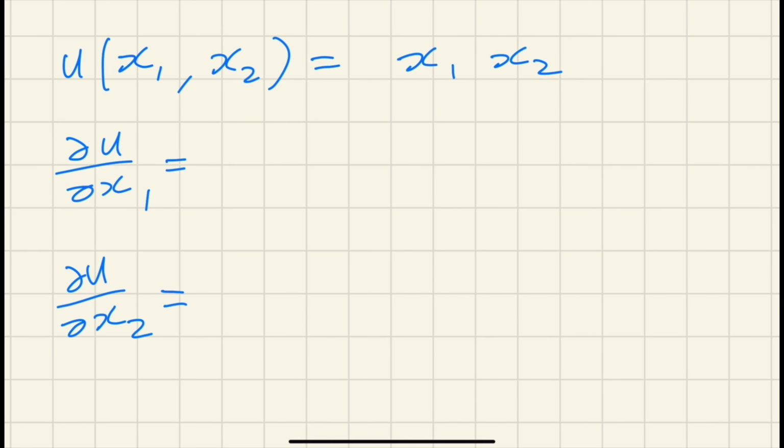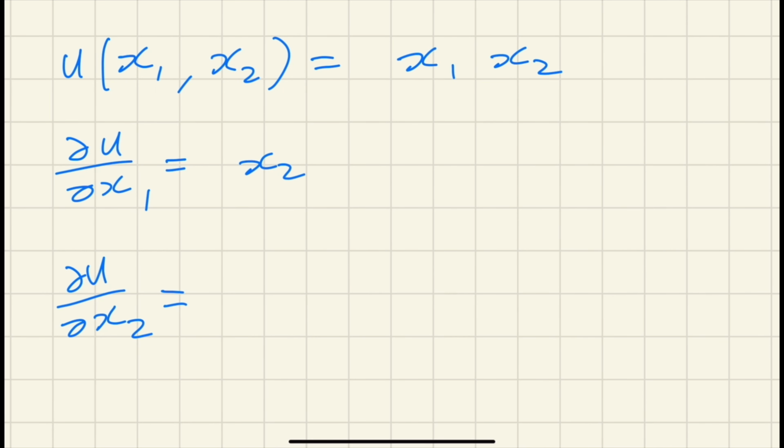Alright, I hope you had the possibility to give this a try, and now I'm going to proceed and solve this problem. So the first part, the partial derivative with respect to x1 is just going to be x2, because we're going to treat x2 as a constant, just like any number, and the derivative of this is just going to be x2.